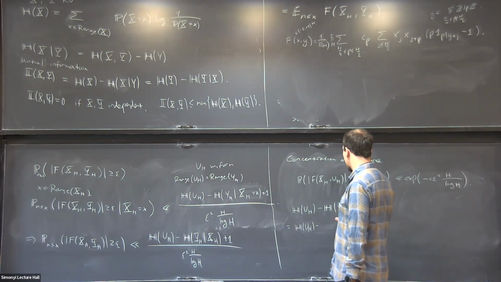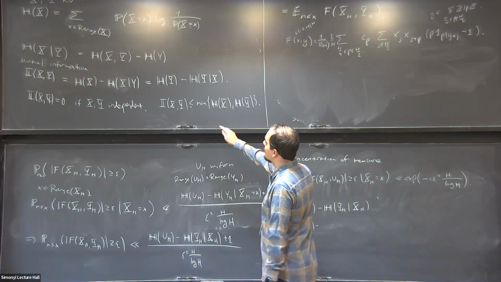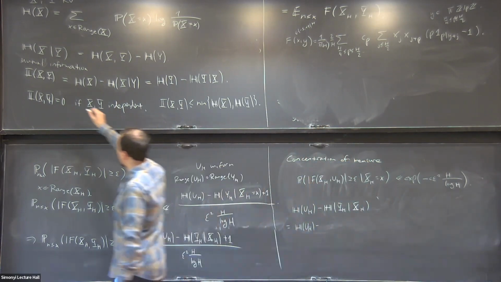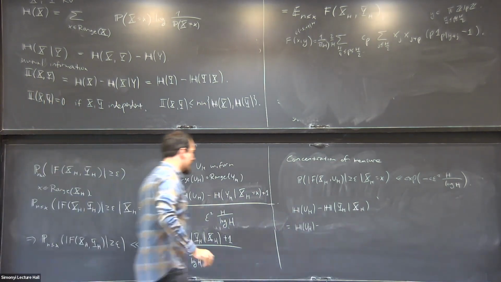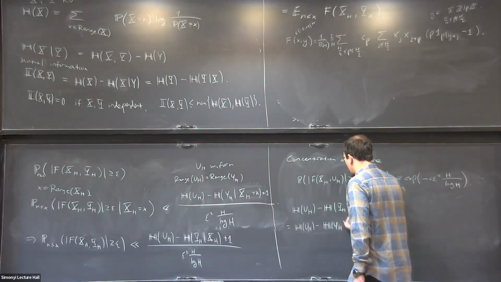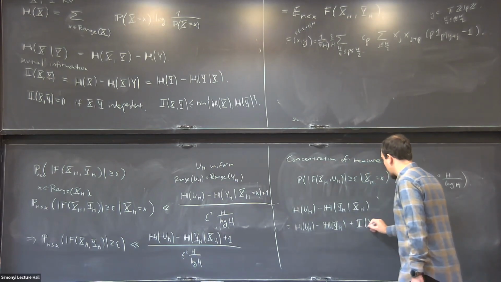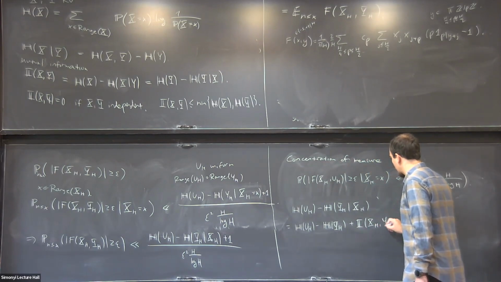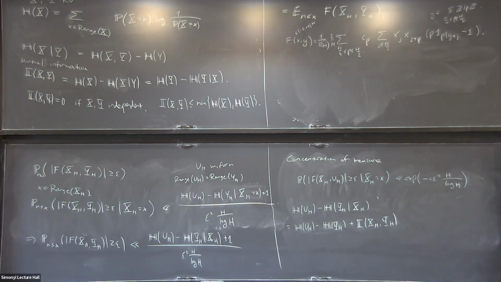Okay, so the conditional entropy, if we compare the definition of information and the definition of conditional entropy, we can write this as here: the size of H plus the information of X_H, Y_H, just by definition.